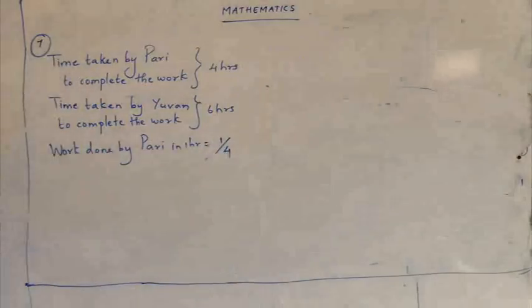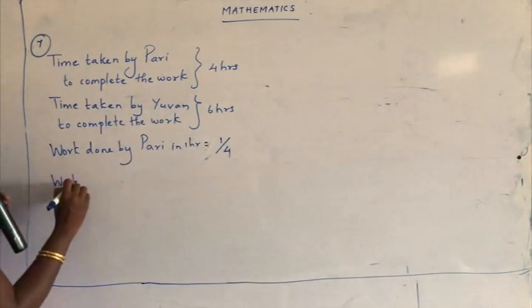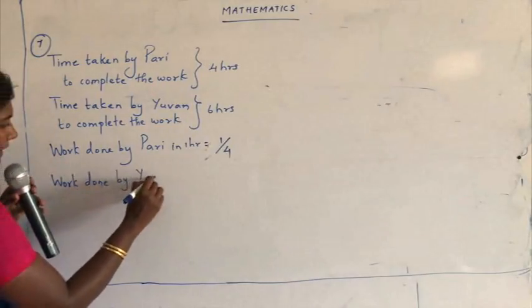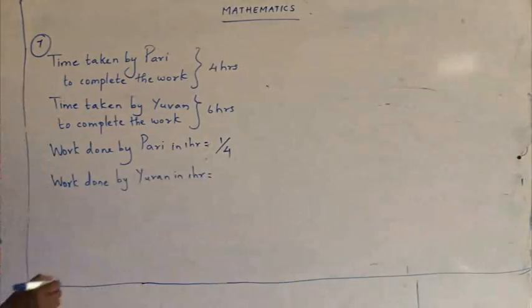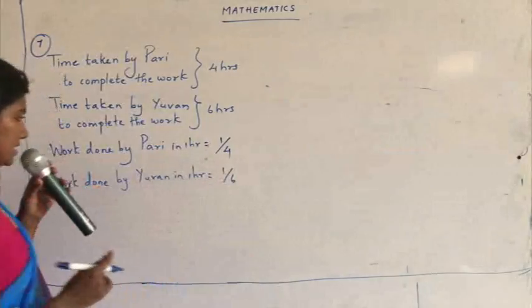And similarly, tell me the next statement. Work done by Yuvan in 1 hour is 1 by 6.